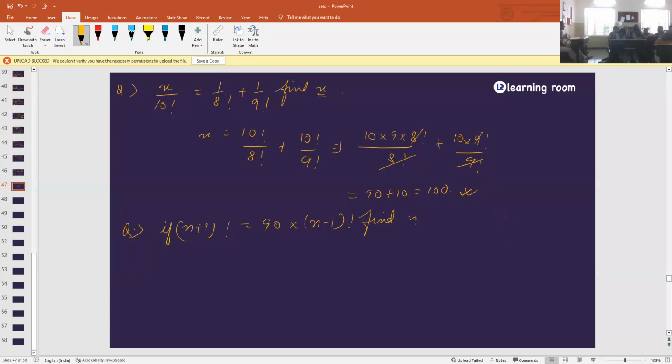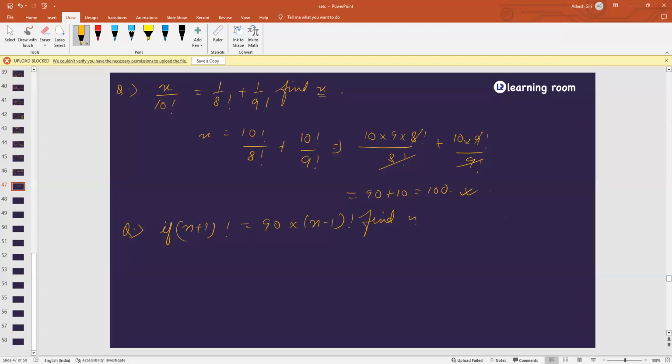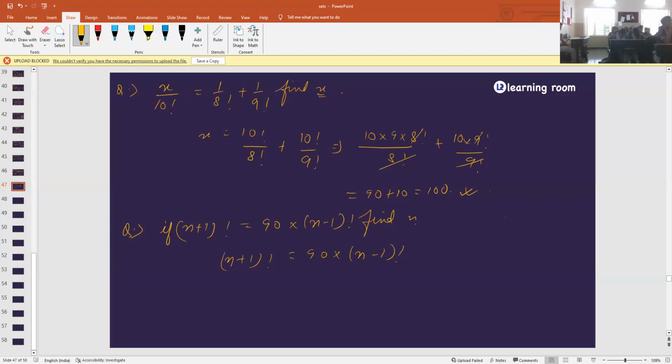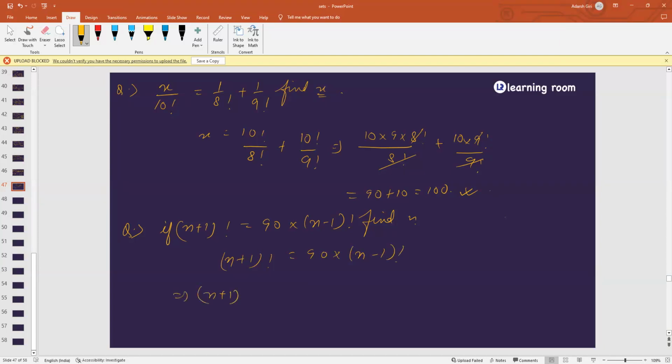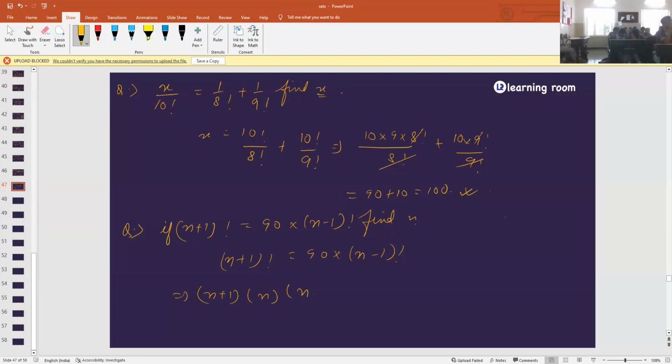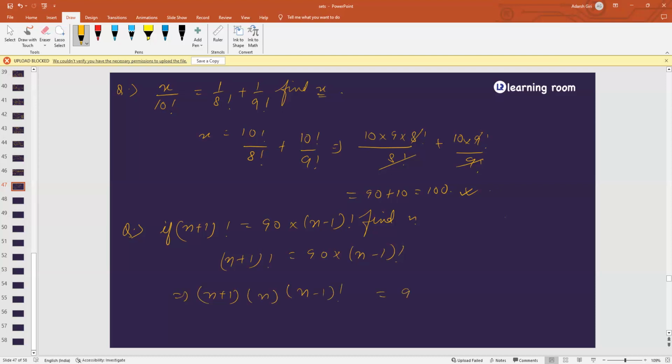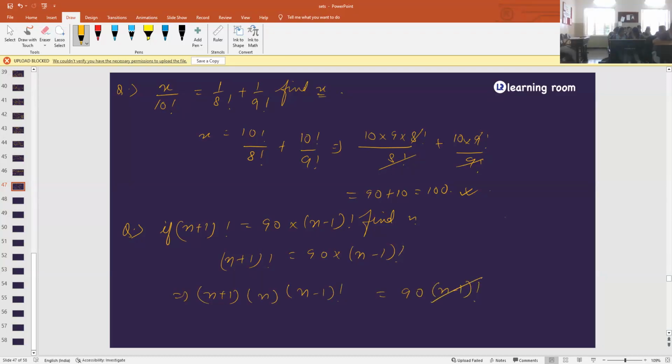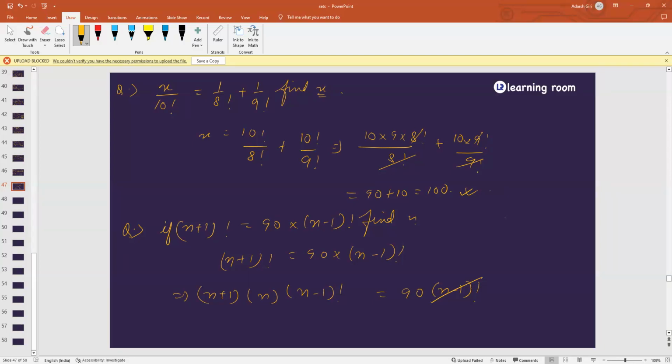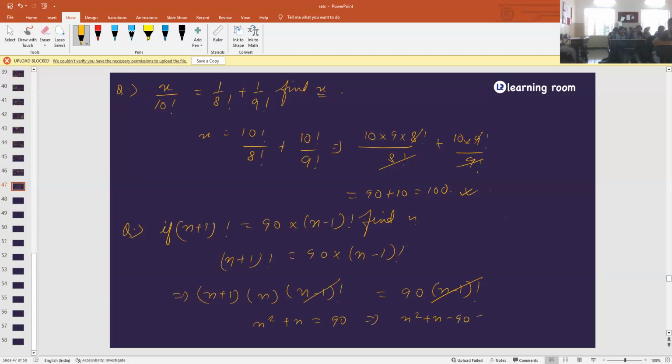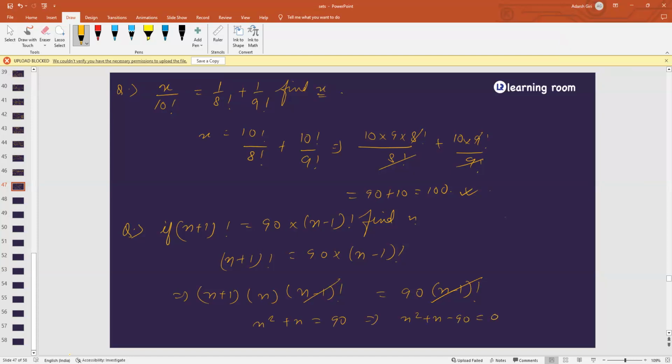Okay. So n plus 1 factorial is equal to 90 times n minus 1 factorial. I can write it like n plus 1, then another number will be n, and then n minus 1 factorial continued, is equal to 90 into n minus 1 factorial. This will get cancelled. It will be n square plus n is equal to 90, or n square plus n minus 90 is equal to 0. Okay, you can solve it further.